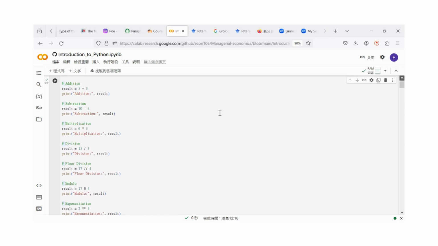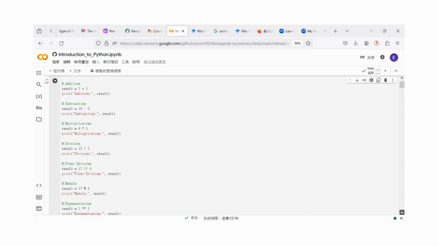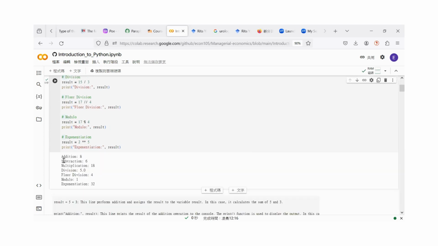And for example, subtraction, the result is 10 minus 4. So print subtraction and then comma result. You will see that there is a subtraction there, and then the result is what is seen here. Why do you see the subtraction and also the colon together?